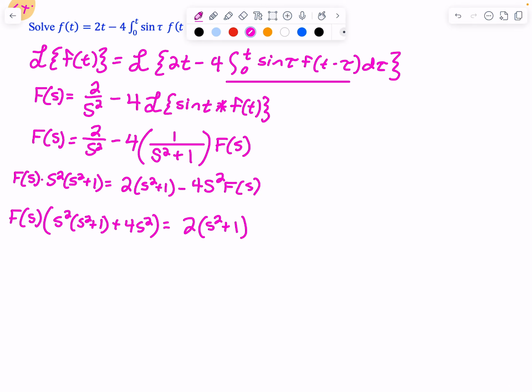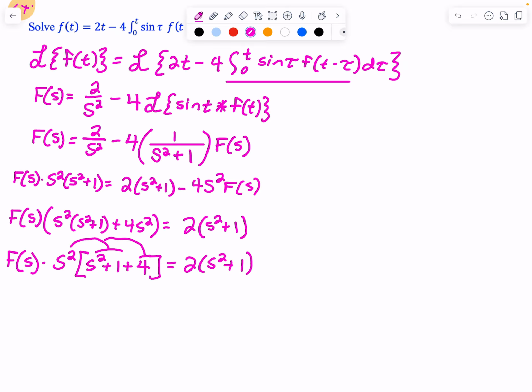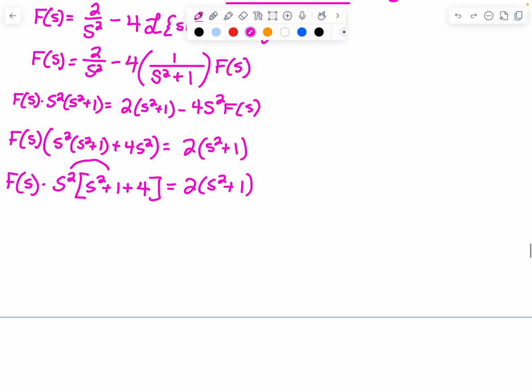I'm going to rewrite this as F(s) times s squared times (s squared plus 1 plus 4). I factored out s squared from both of those terms. If you multiply there and then there, I get back to where I was. This makes it a little nicer.